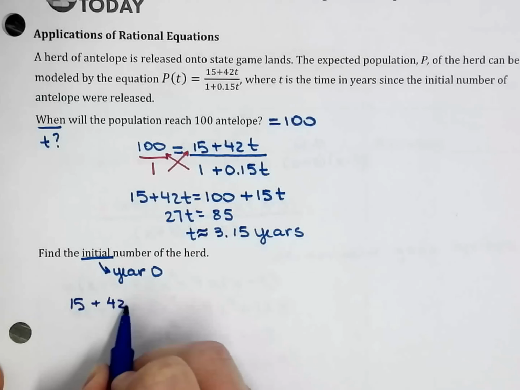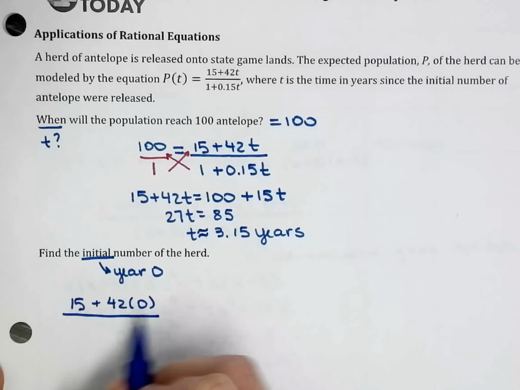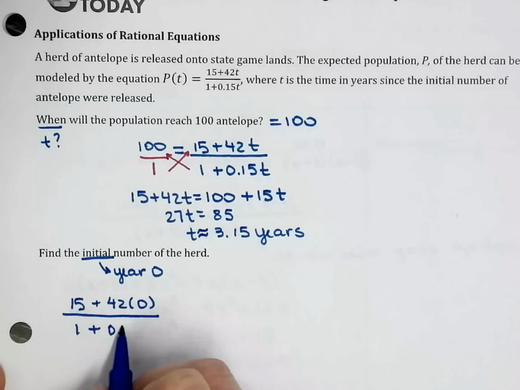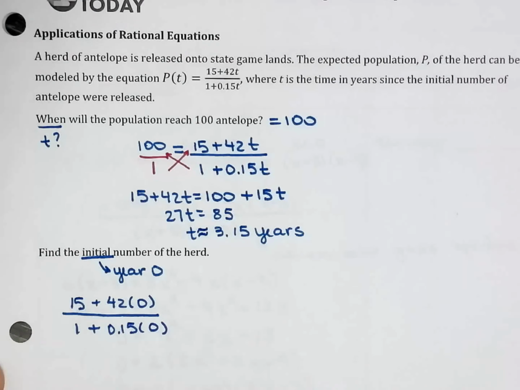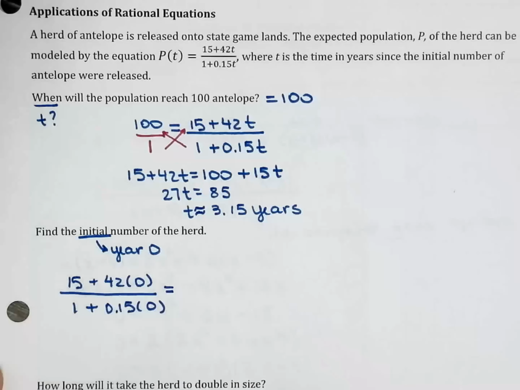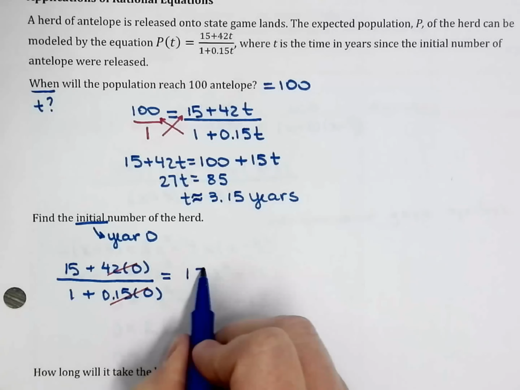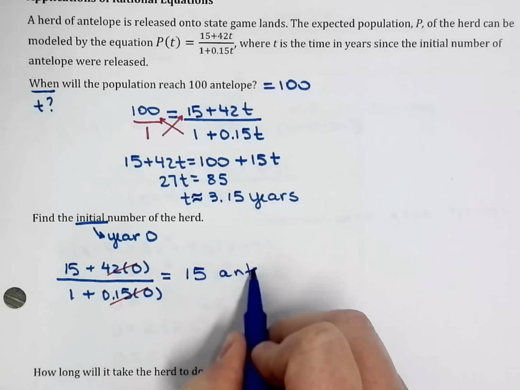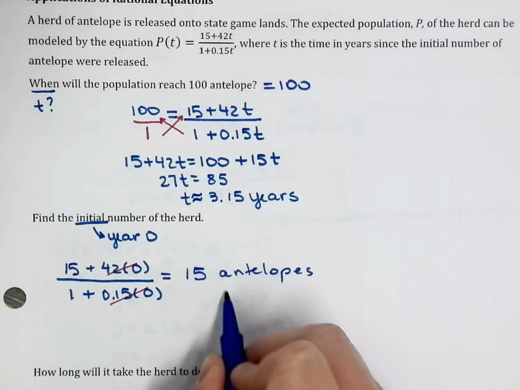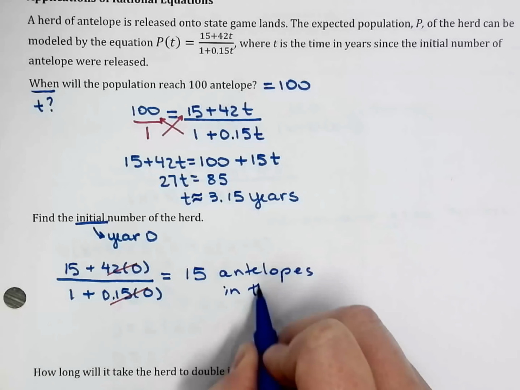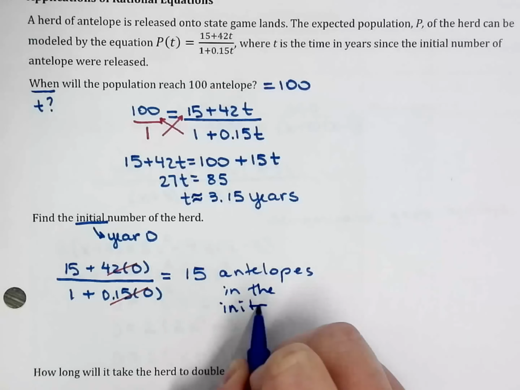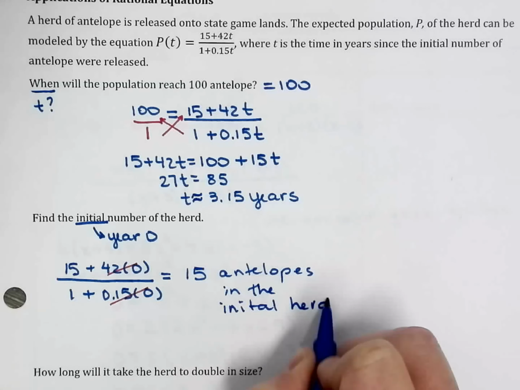So 15 plus 42 times 0, over 1 plus 0.15 times 0. You can put that in the calculator, but there's no need. Don't work hard. Anything times 0 is 0. So it's just 15 over 1. It's just really 15 antelopes in the initial herd.